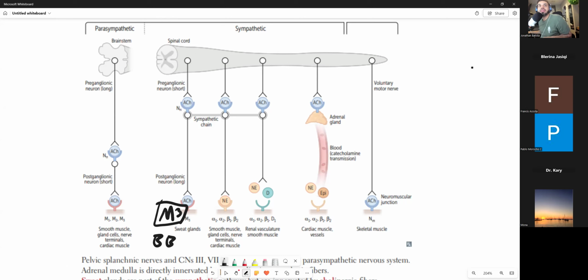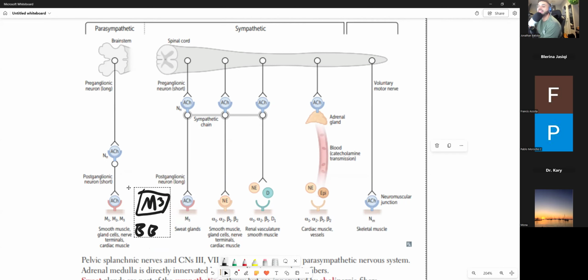Well, because it's in the sympathetic ganglion chain. But it's not the preganglionic. I see that the first neuron is directed by the acetylcholine. It's not basically responding to these kind of cholinergic type of receptors here. It's responding to M3.